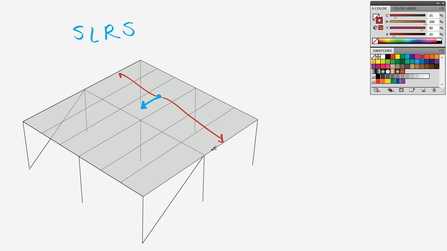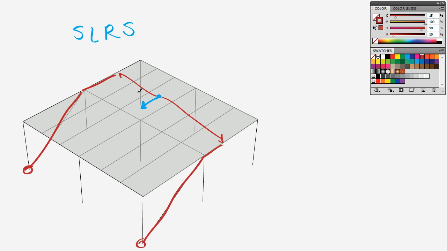The reason the load wants to go out there is because those are the lines that have some sort of element that has lateral stiffness. Then from these lines we go through the beam, down the brace into the foundation right here, and over here through the beam, down the brace, and into the foundation right here.